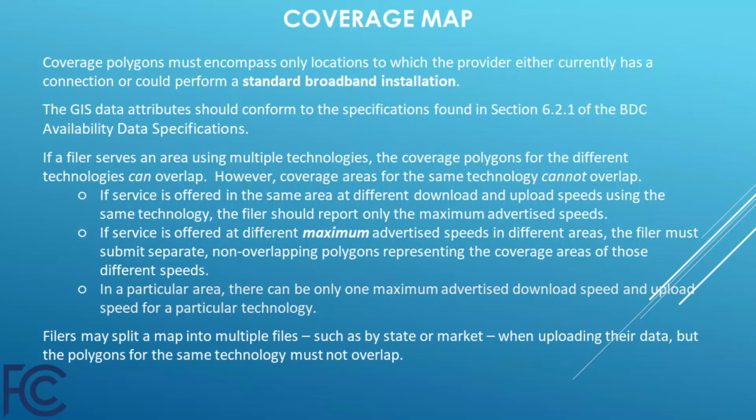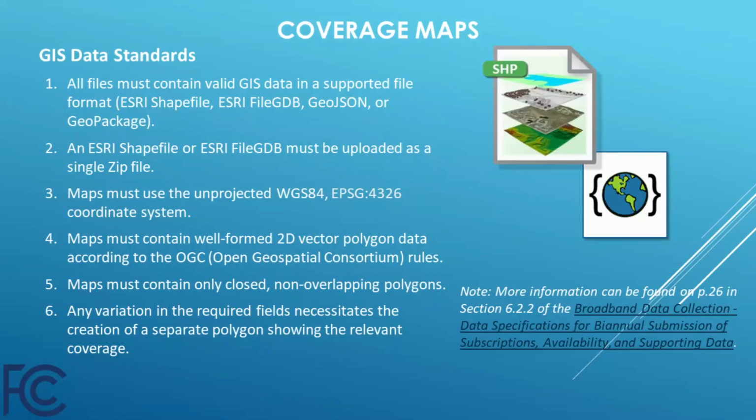Providers may split each map up into multiple files, such as by state or market, when uploading their data, but the polygons for the same technology must not overlap. The FCC staff has established specific standards for the GIS data files to be submitted in the broadband data collection system. First, all files must contain valid GIS data in a supported file format.